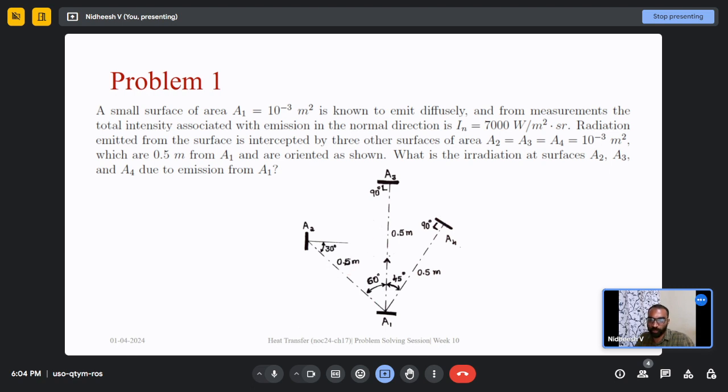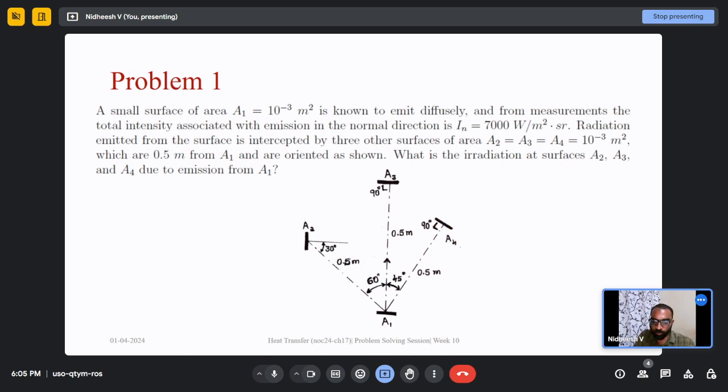Surface A1 is an emitter of thermal radiation, and it is emitting diffusely. From some measurements, the total intensity in the normal direction from this emitter is given as 7000 watts per meter square steradian, and this radiation is being intercepted by surfaces A2, A3 and A4. We have to find the irradiation at these surfaces due to the emission from surface A1. That was the question part.